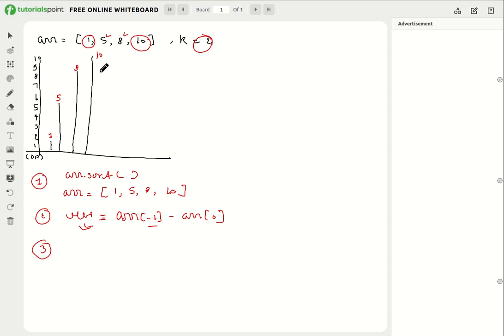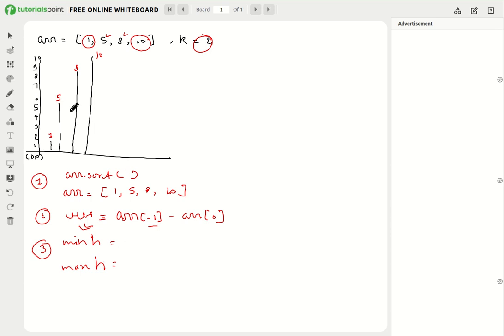So how to find the minimum height of towers, and how to find the maximum height of tower? First these two heights we need to find. So what could be the logic?